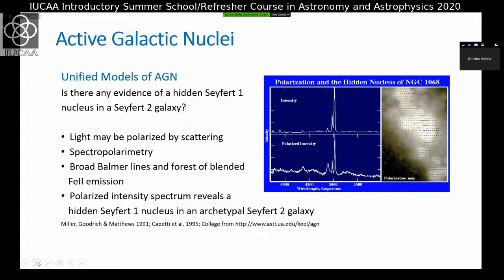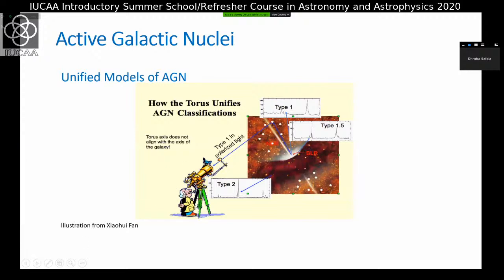To show it as a cartoon, you have the broad line region which is hidden. If the broad line region is hidden, if the gentleman is looking from here, you would see it as a Seyfert 2 galaxy. If this galaxy was turned around, you'd have directly seen a Seyfert 1. But if there are clouds of dust or electrons scattering light into his line of sight over here, then you would be able to see the Seyfert 1 nucleus.